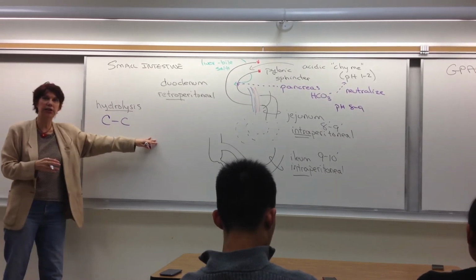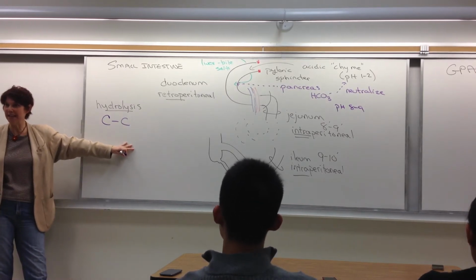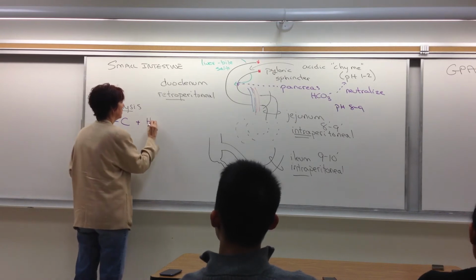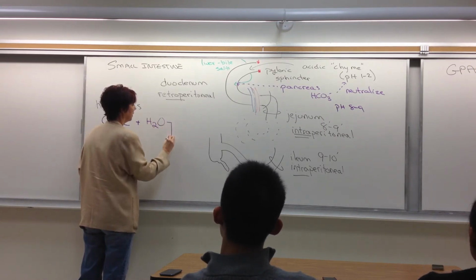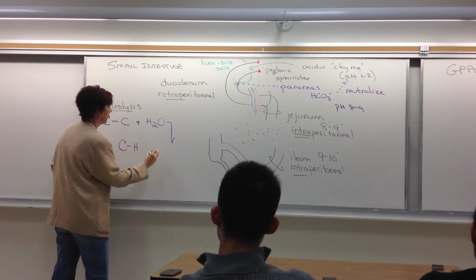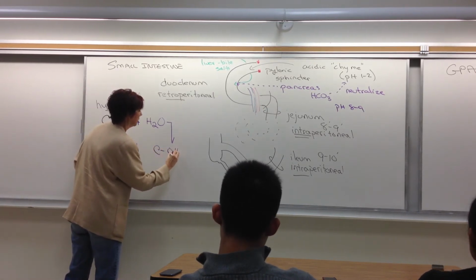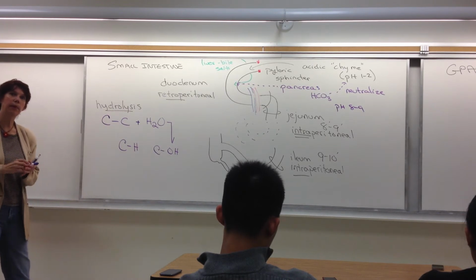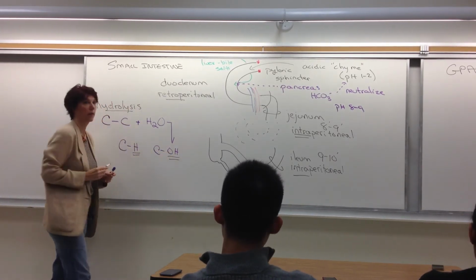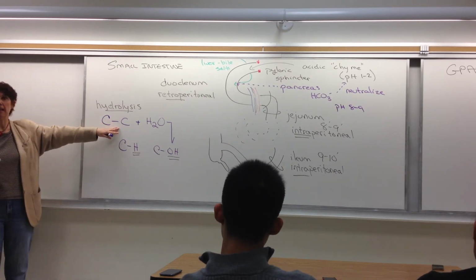Fatty acid is a long chain of carbons with COOH at the end and a bunch of hydrogens and so on. So we add water, and what we get are these two components. So water actually is what breaks the bond.